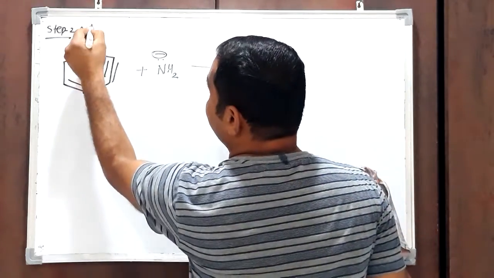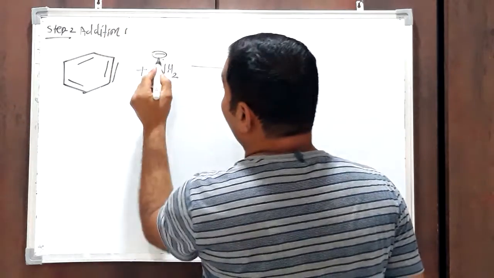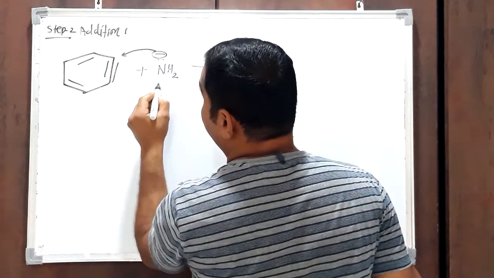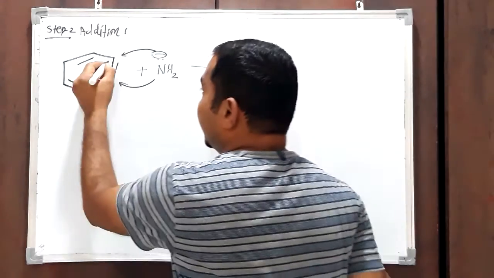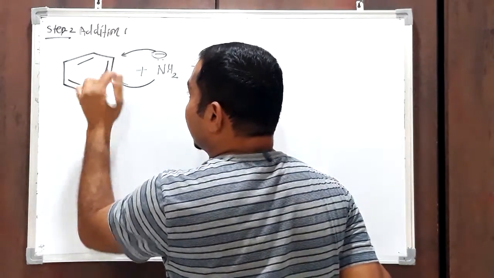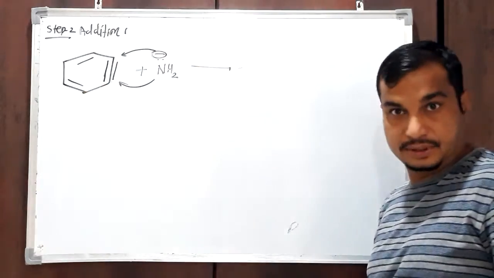Step 2 is known as the addition step. It attacks one of the carbon atoms where the triple bond is present. In benzyne, one carbon-carbon triple bond is present inside the ring.